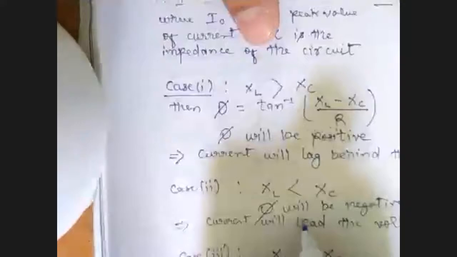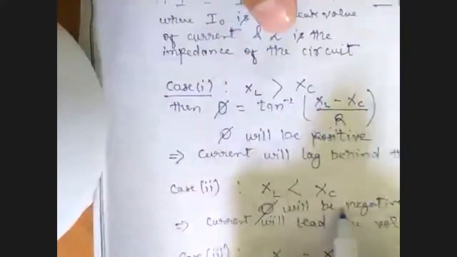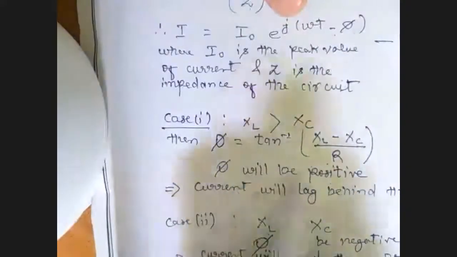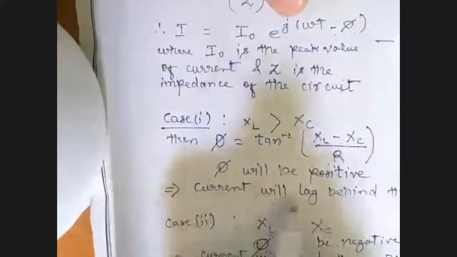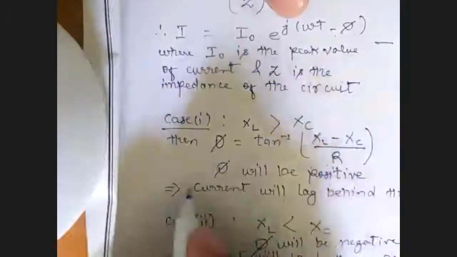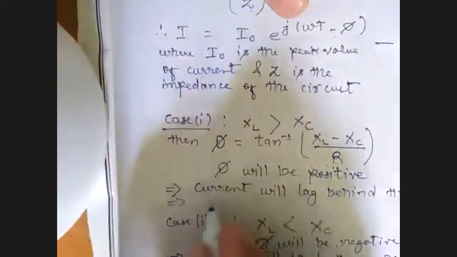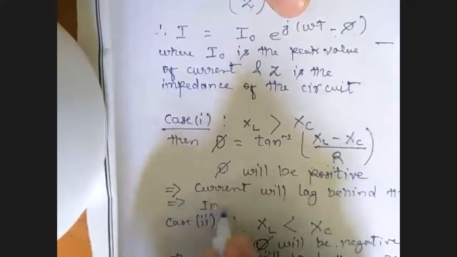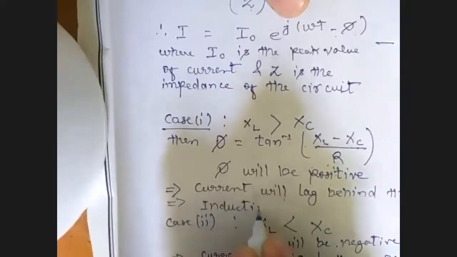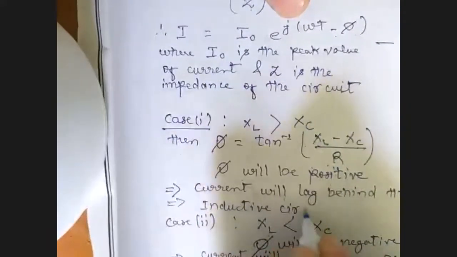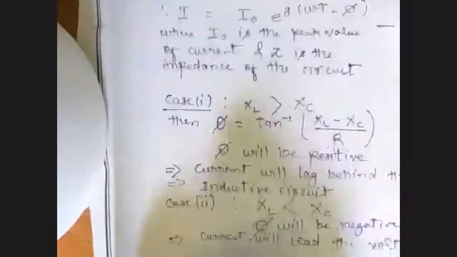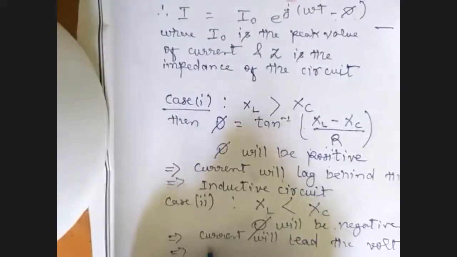Here in this case, when phi will be negative, here in this case, phi will be positive. Whenever current will lag behind the voltage, the circuit will behave like an inductive circuit. It will be a capacitive circuit.